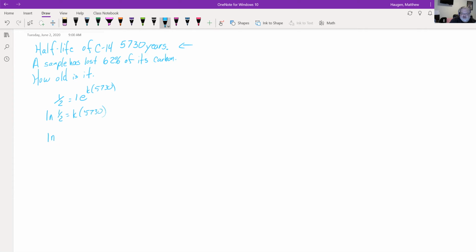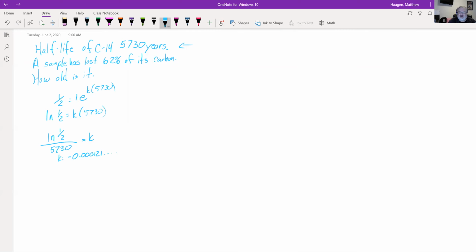Chemistry actually starts this way. Chemistry will say, here's the half-life formula, natural log of 1/2 over T for time, and it'll give you this different formula for finding the constant, as if it's a different formula. It's like, no, just solve. Anyway, that'll give us a negative 0.0000121. I happen to remember that because I've done half-life problems for so long. So that's our K.